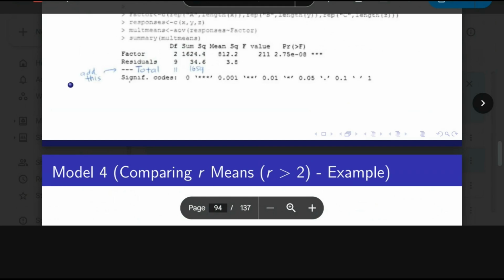Don't you see a 3.8 here? In other words, the MS residual is S squared pooled. So that's the first connection that you should make.